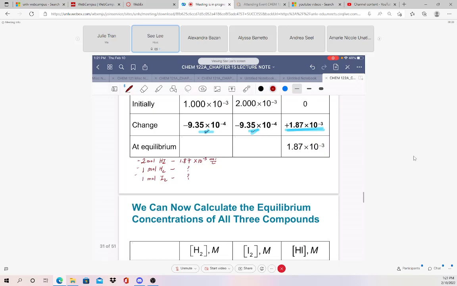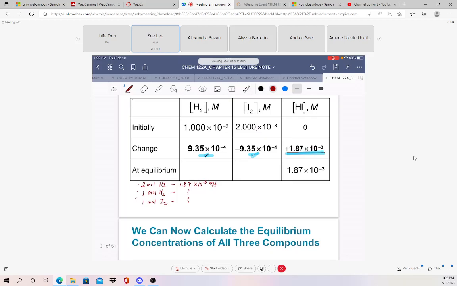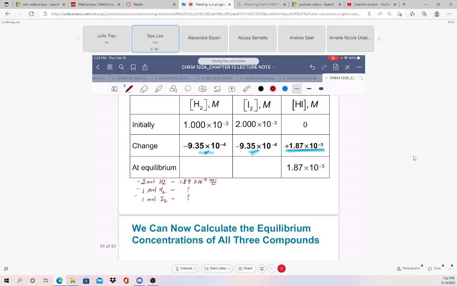Since the change in product is positive 1.87 times 10 to the negative 3, the change in hydrogen concentration is going to be 1.87 times 10 to the negative 3 multiplied by 1 mole divided by 2 moles of hydrogen.